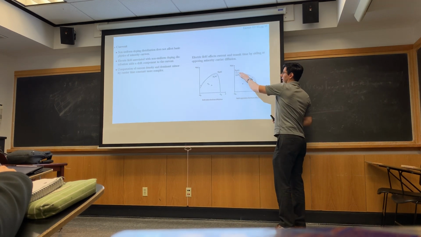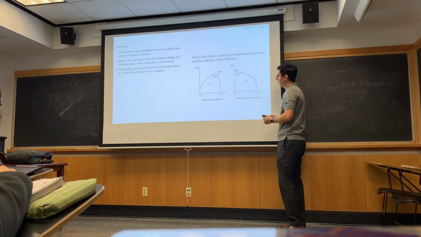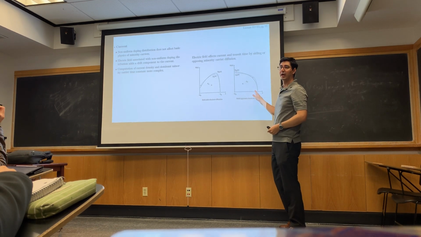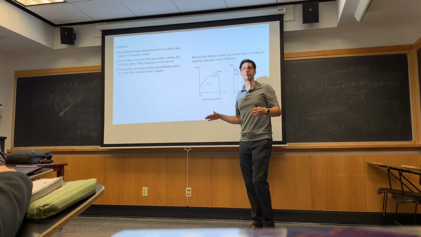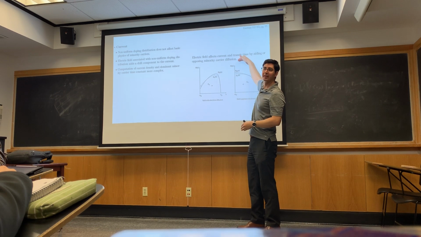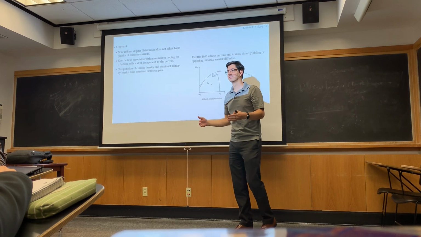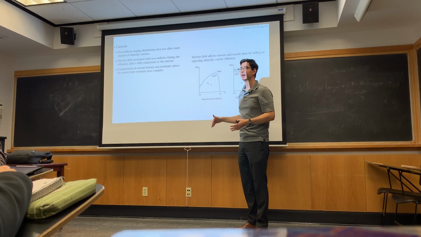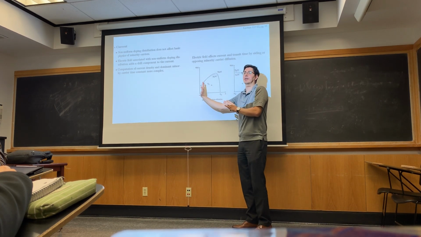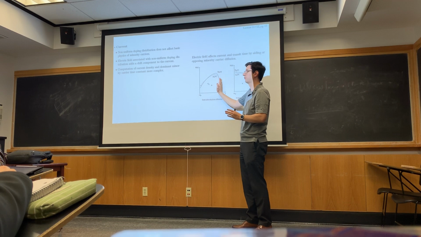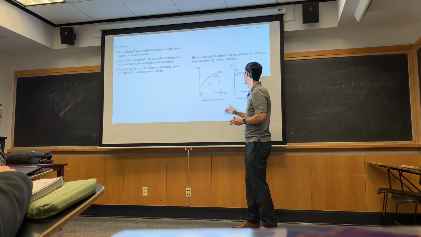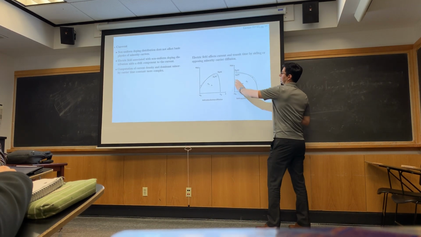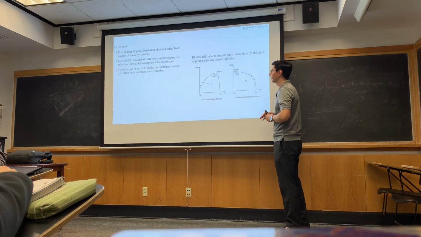Conversely, if I had a profile like this, all my profiles are going down to 0 at the junction, because if my profile was still going up like this, then I wouldn't have a p-n junction. I would just have a P region with non-uniform doping. So I'm just showing the P side to keep it simple, but you can imagine there's an N side abutting it. Now in this one, I just have a downward sloping profile.